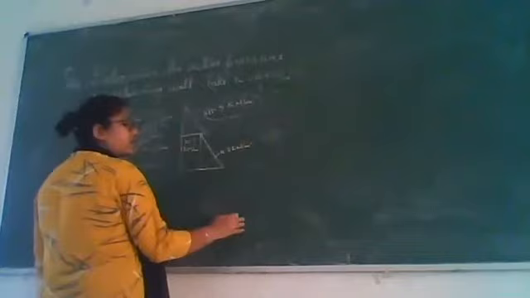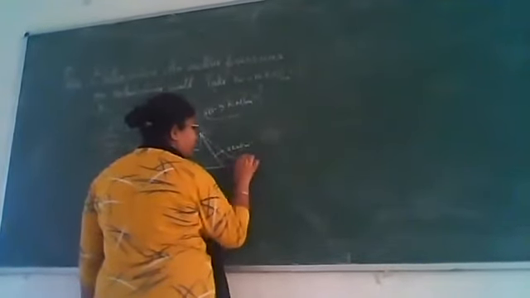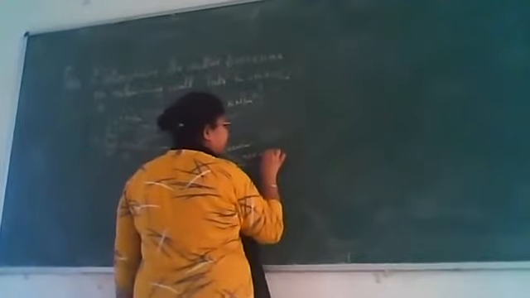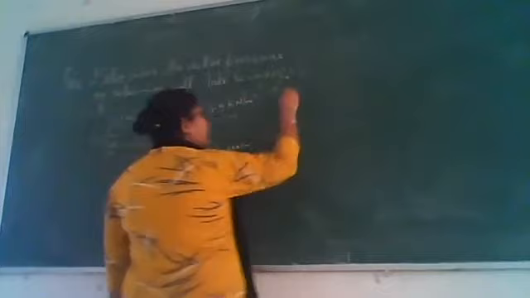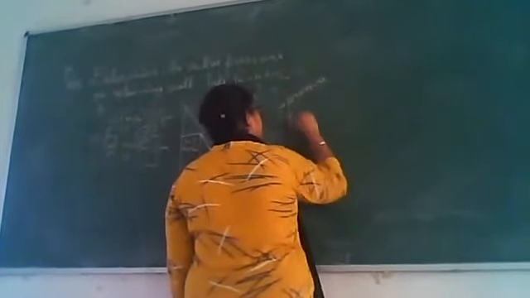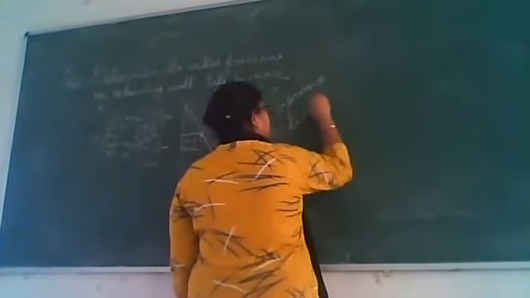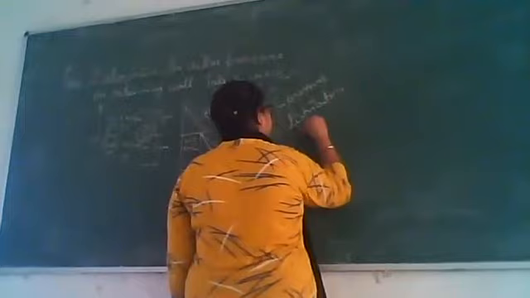This was already calculated here. And for the flow water pressure, we have 20 kilonewton per meter square. This is my pressure distribution diagram.